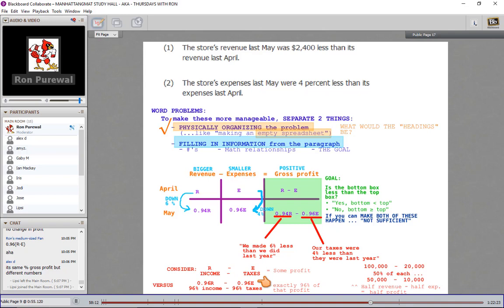So if you look at this, R minus E is greater than 0.96R minus 0.96E, which in turn is greater than that other thing.